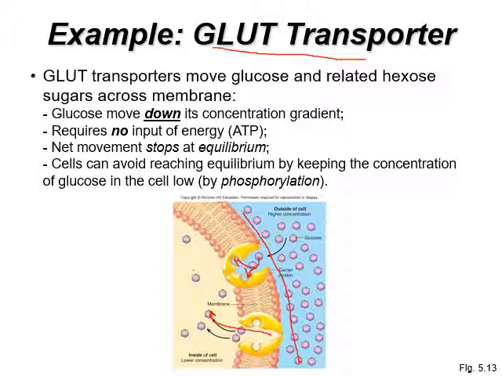If this was a channel, but we wouldn't have a channel for glucose, but if it was an ion channel, there would be an opening here. But again, facilitated diffusion, it is going down the gradient and there is no energy being used by the cell. The energy is in the gradient itself.